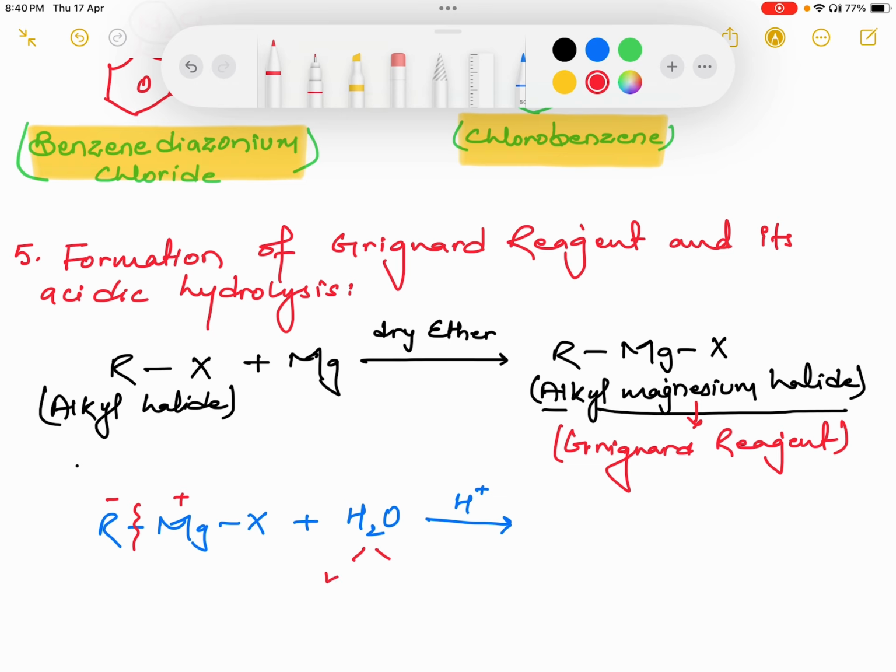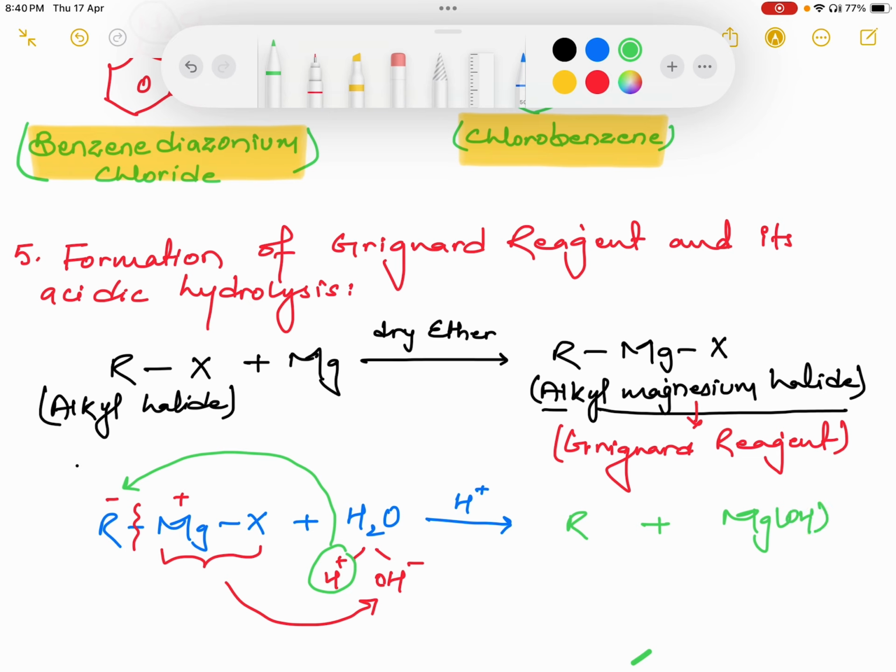If this breaks into H plus and OH minus, the magnesium part will carry away the hydroxyl portion, and the H will go and attach with the alkyl chain. It will basically form R-H, or alkane, along with the liberation of magnesium hydroxyl halide. So alkane is formed.